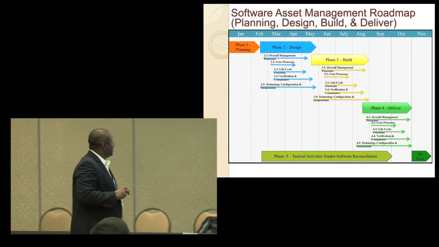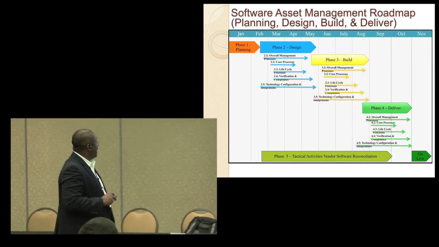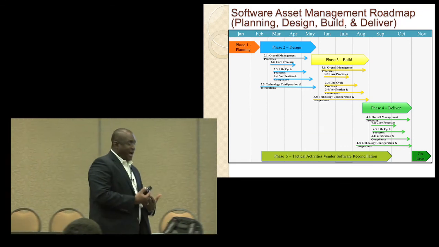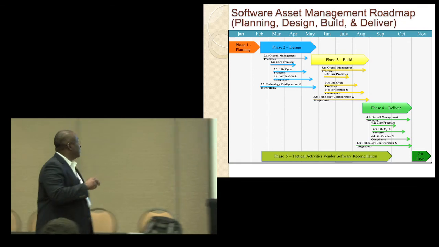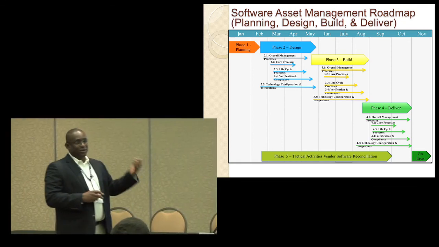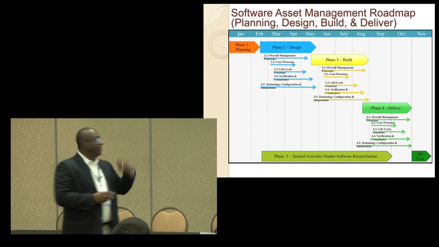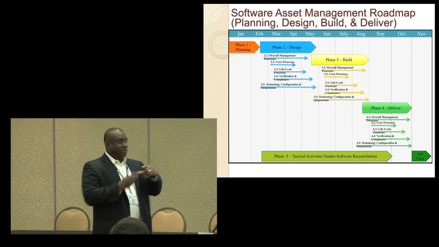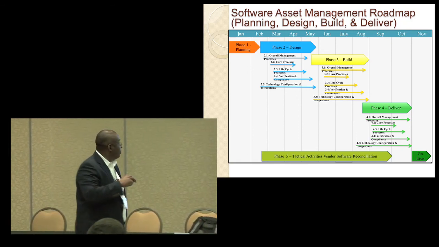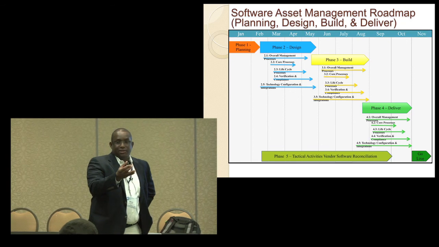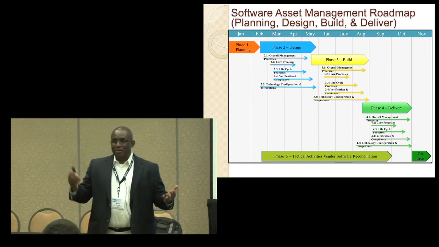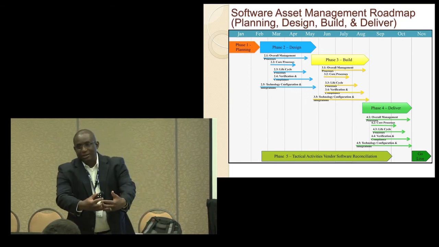So, same phases of planning, design, build, deliver. But now, since we're speaking specifically towards software asset management, a lot of the elements that I have here are specific to software asset management. So there were several processes that we talked about. The overall management processes that were up in the diagram, our core processes, our life cycles. If this was another process, an ITSM process, and I keep talking about incident because it seems to be one of the bigger ones that people adapt to, so we have to do this first.